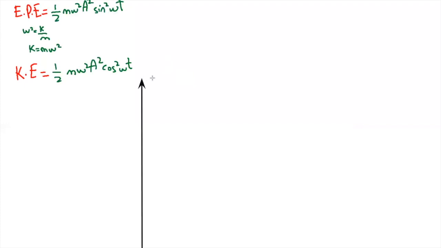Let's make another arrow for this. Okay, so the y-axis is energy, and the x-axis is time. So this is energy, and this is time. Now, I'm gonna make some curves.